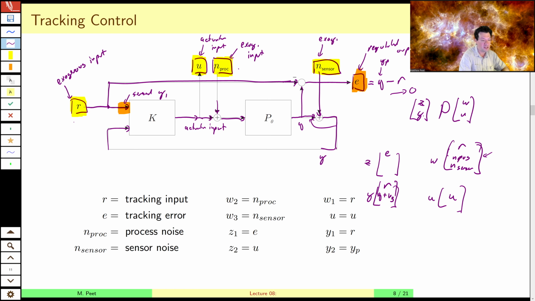The first Z is, of course, the regulated output. Oh, sorry, that's my bad. This is the actuator input there. And then, of course, it gets mapped directly to a regulated output where we're trying to minimize the effect of actuator.